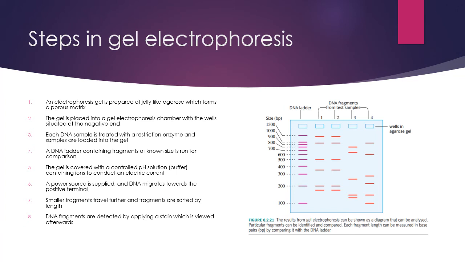Okay, now electrophoresis is another technique which is used to visualize the fragments of DNA that we are getting from different samples. So it could be used in crime scene analysis where we've got multiple suspects.